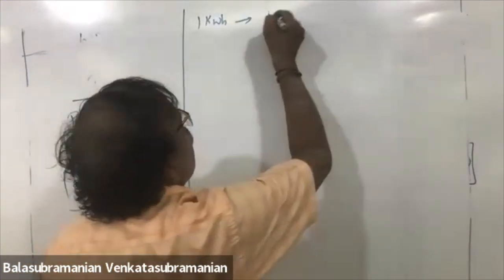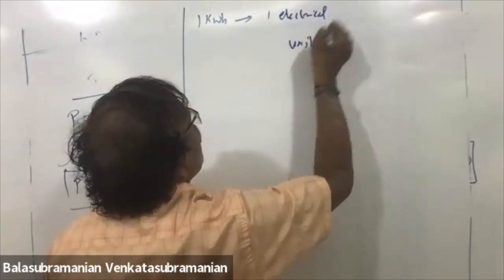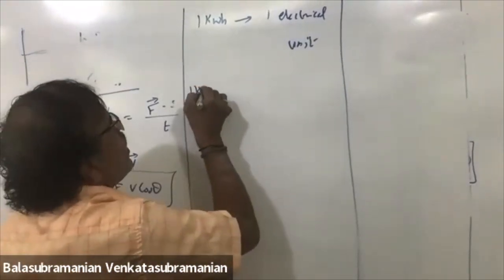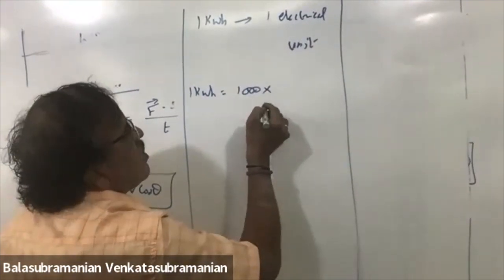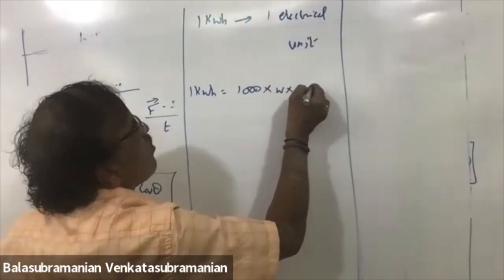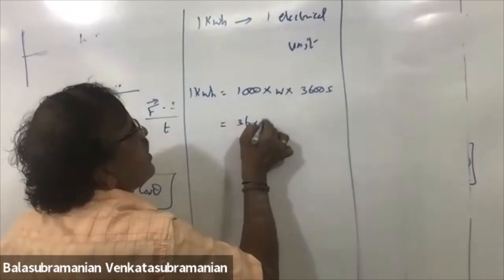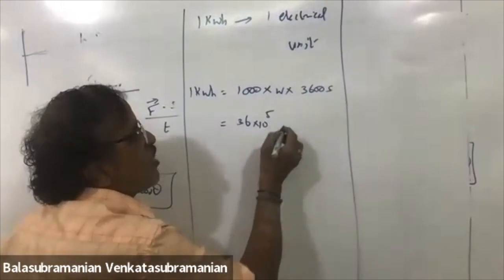This is called 1 electrical unit, 1 kilowatt hour. What is the meaning? 1 kilowatt hour means 1000 watts for 1 hour, which is 3600 seconds. So 36 into 10 power 5 watt into second. Watt into second is nothing but joules.